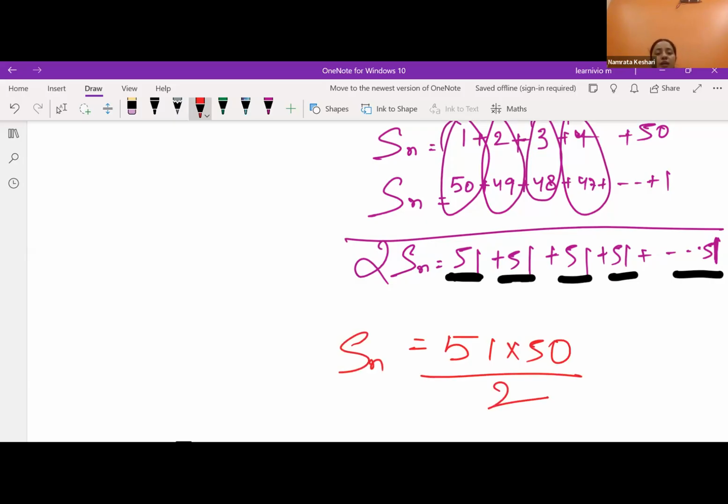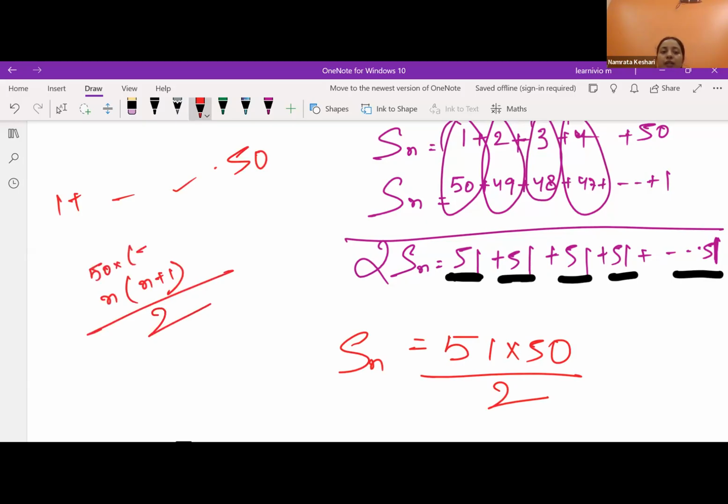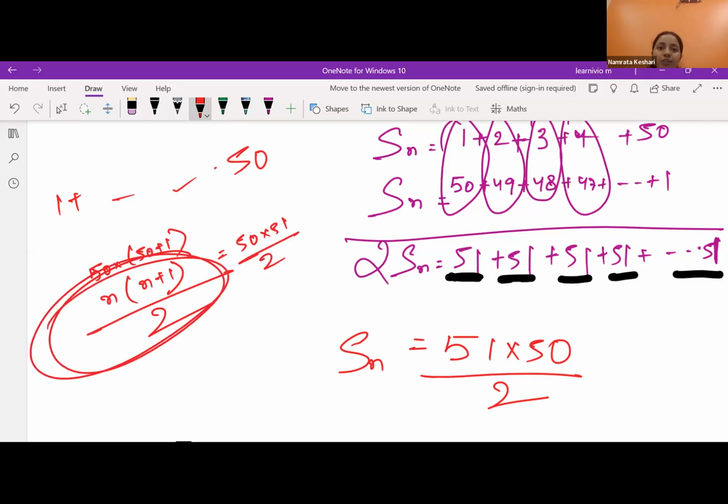From there comes a rule that if we have to find the sum of first 50 natural numbers, then it will be n into n plus 1 by 2. That means 50 into 50 plus 1 by 2, so this will be 50 into 51 by 2. This is the formula for finding the sum of first n natural numbers.